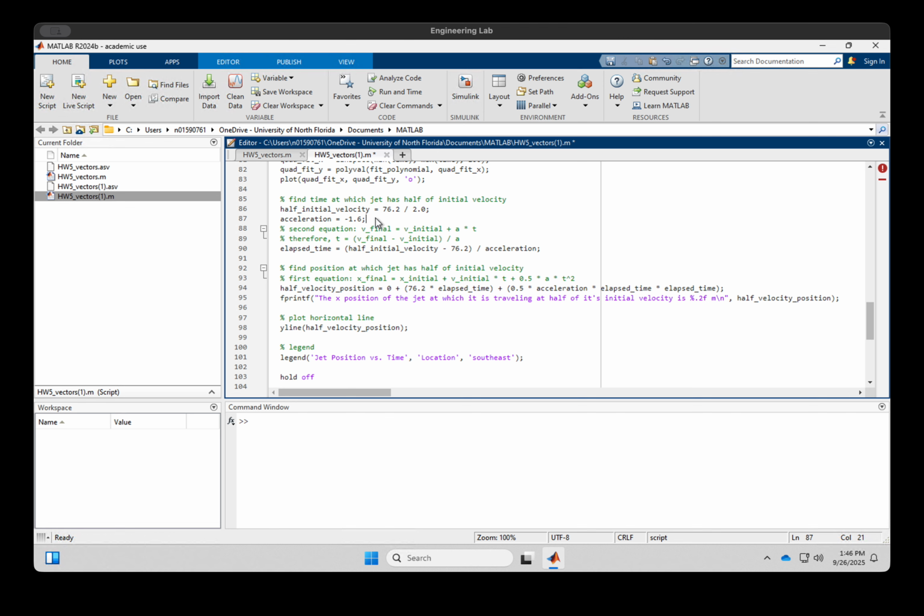But the leading coefficient on the x squared term is negative 1.6, so that's the acceleration. Because when you do the derivative, that'll end up being, wait, no, whatever, something like that.